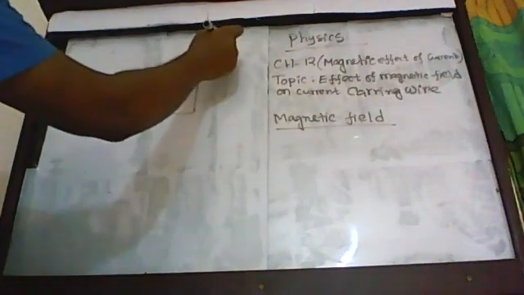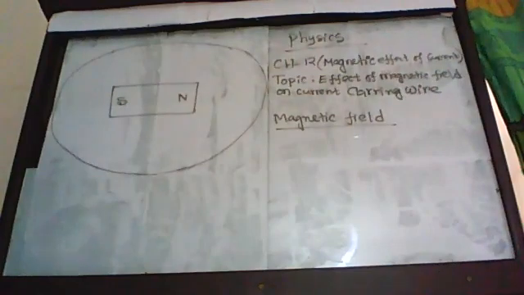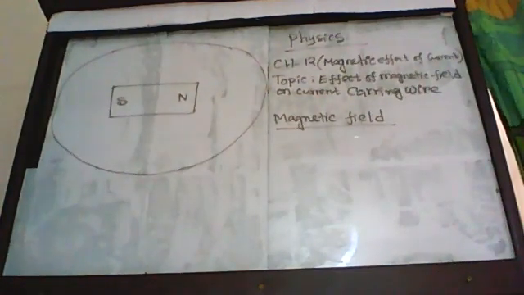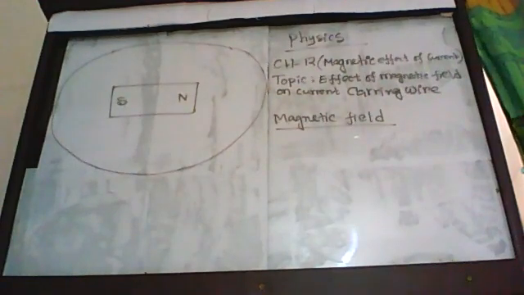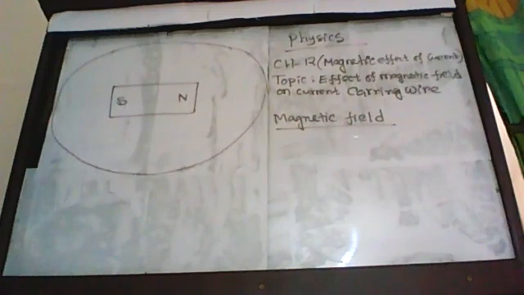Listen to me, inside the area it can attract another magnet. This particular area is called magnetic field.